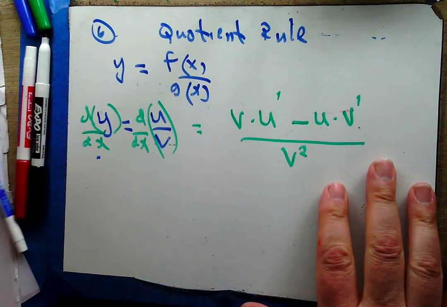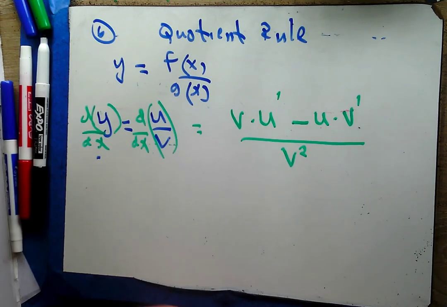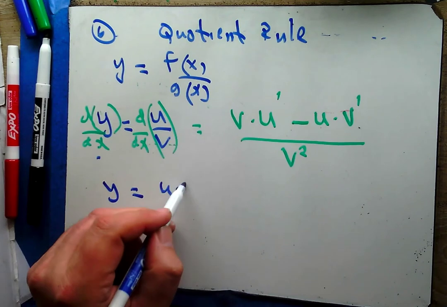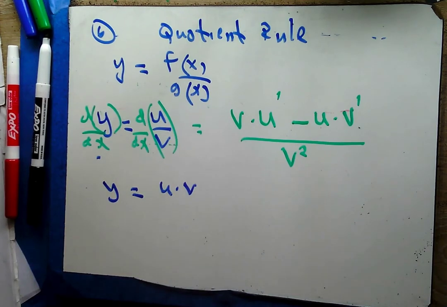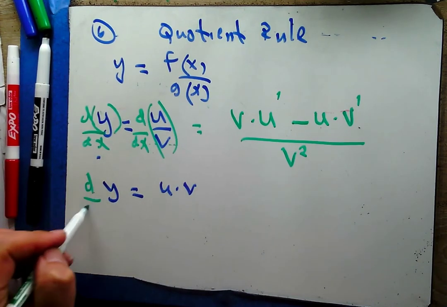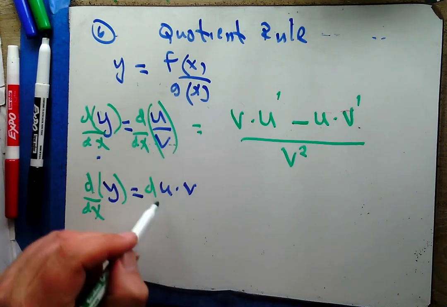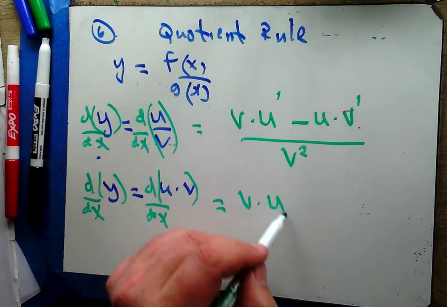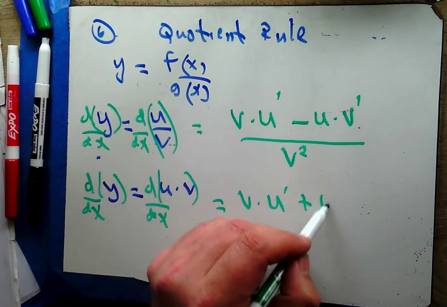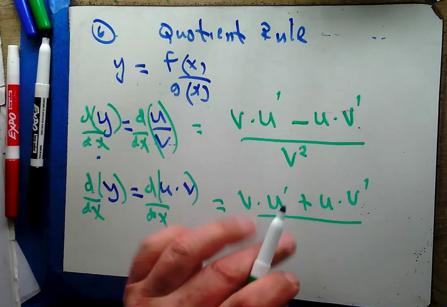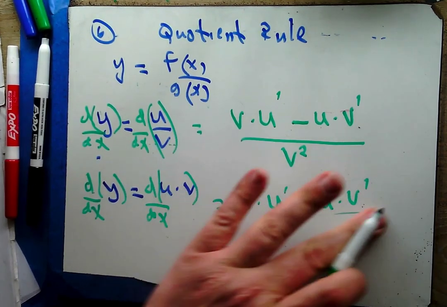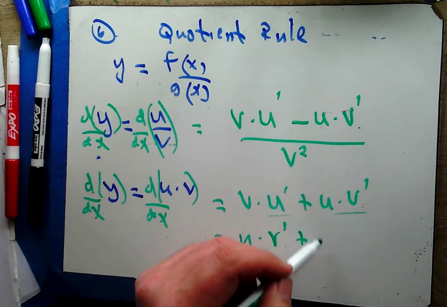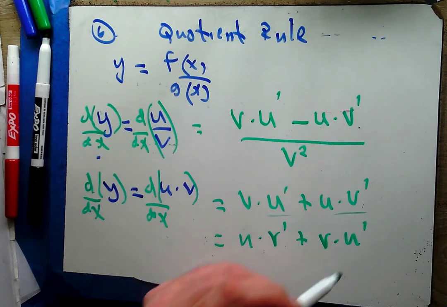That's our quotient rule. Remember our product rule, y equals u times v, and then we took the derivative with respect to x of both sides. That was v times u prime plus u times v prime, or it could be written u times v prime plus v times u prime.